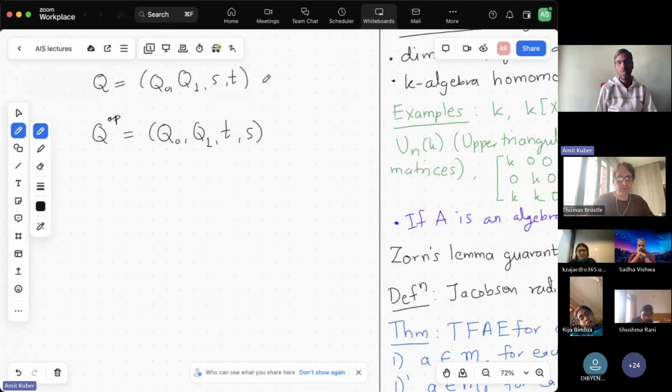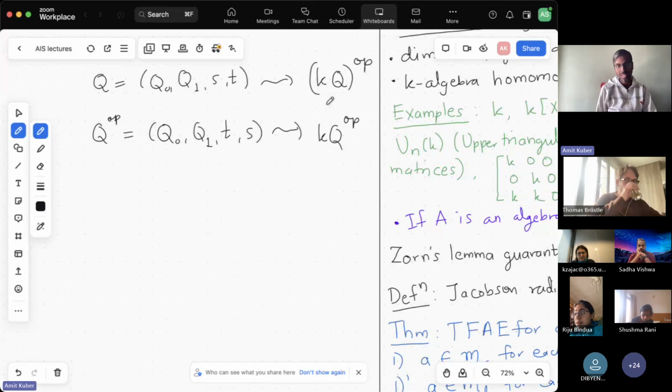This is KQ and this is KQ^op. And the opposite algebra of this is isomorphic to the path algebra of the opposite quiver. These types of dualities we will talk about several times.